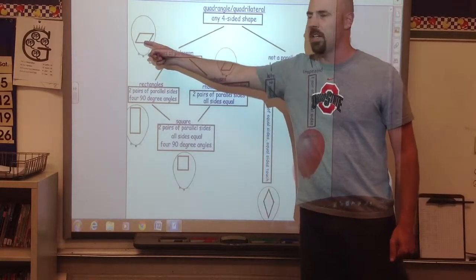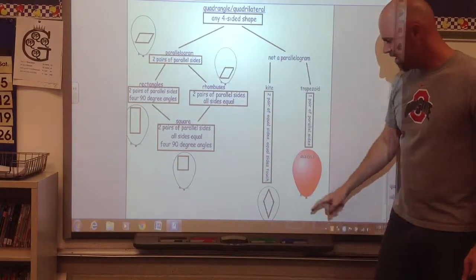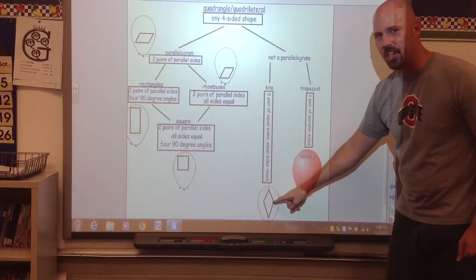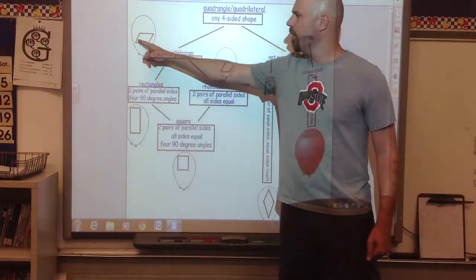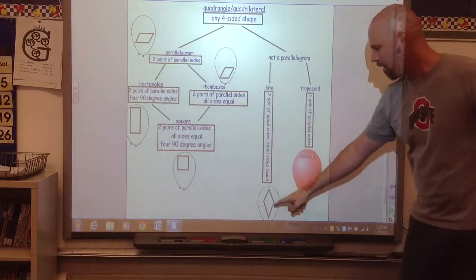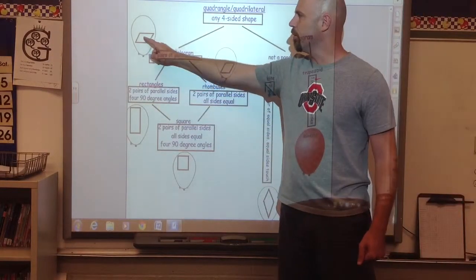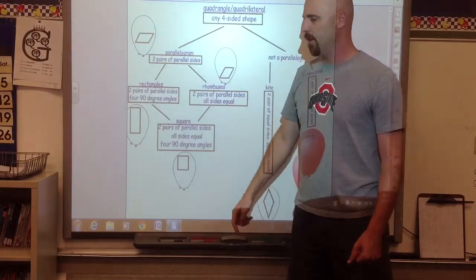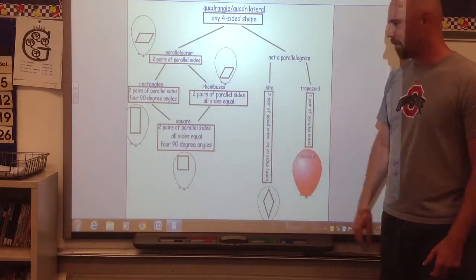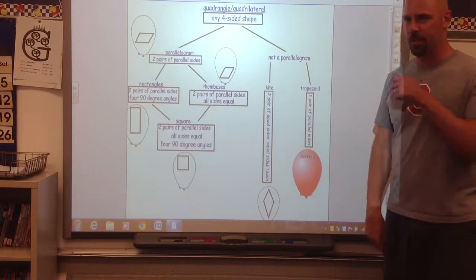Hey, that's just like a parallelogram here. It has two short sides. But the difference is, these two short sides touch each other. Oh, over here the two short sides are away from each other. Down here, two long sides, but they touch each other. Up here, the two long sides don't touch each other. So a kite's one of our weirdos, okay? Two short sides, two long sides, but they have to touch each other.